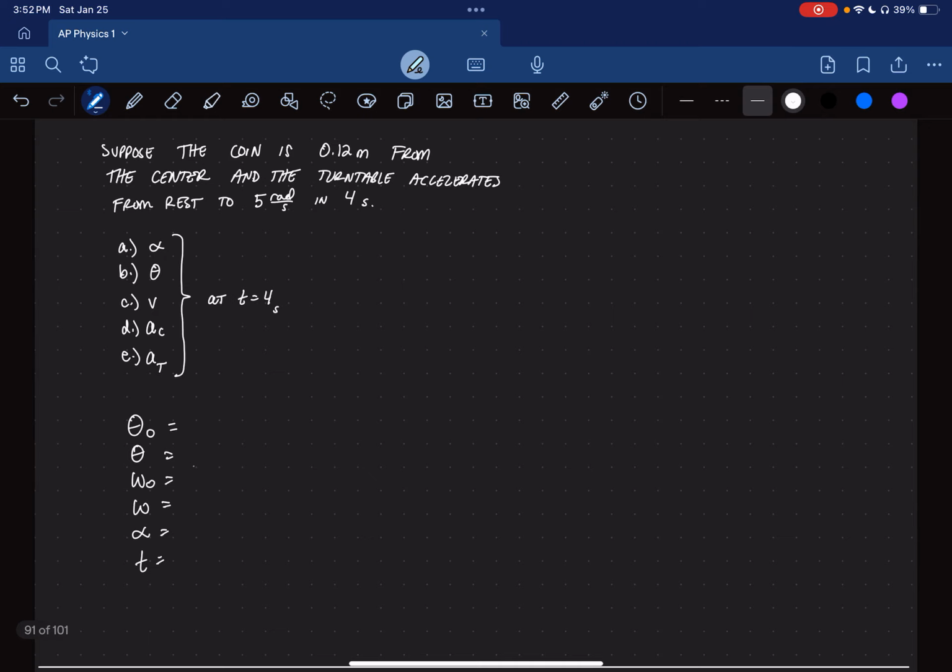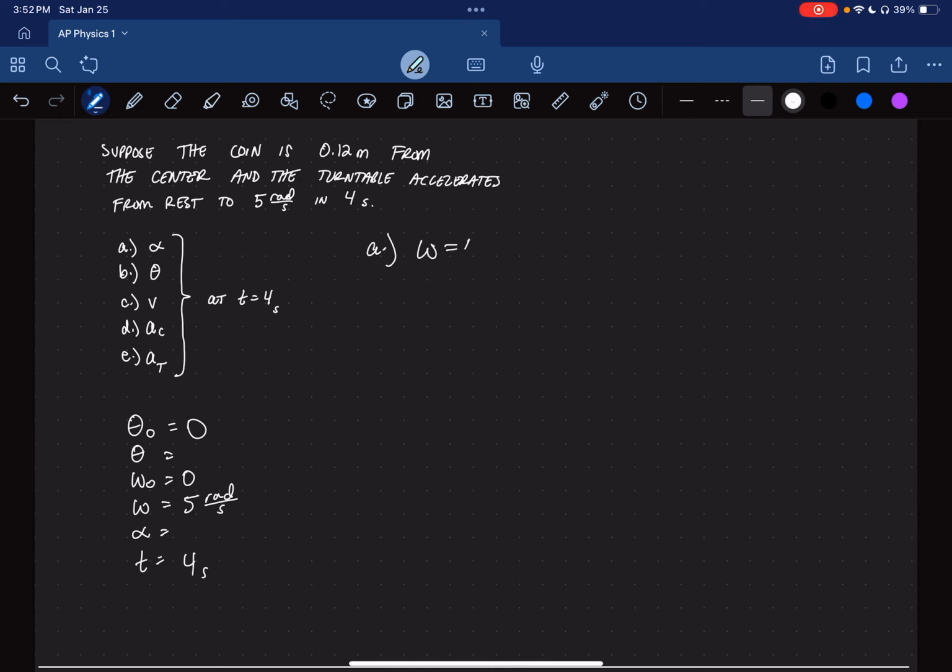Accelerates from rest to 5 radians per second in 4 seconds. Let's make that 0. And so we want to know what is alpha.